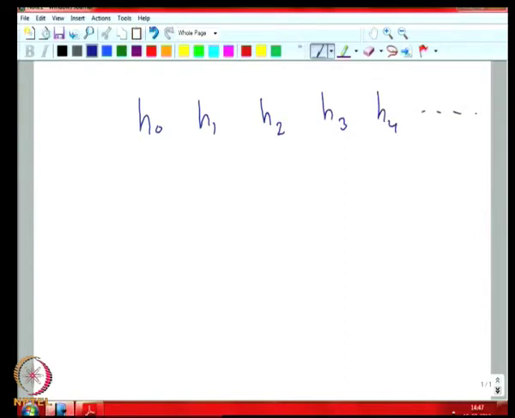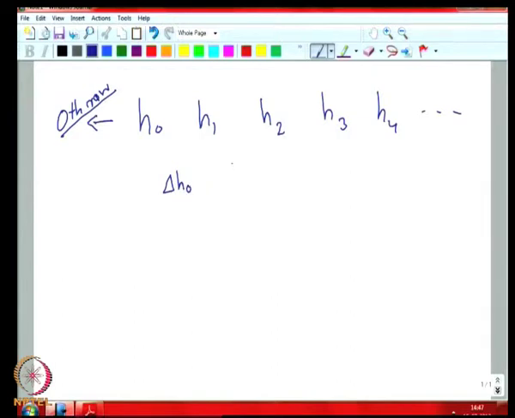The first order difference sequence is written in the first row. The sequence itself is the zeroth row, and this is the zeroth order difference sequence. Here it is H1 minus H0, which we write as delta of H0.